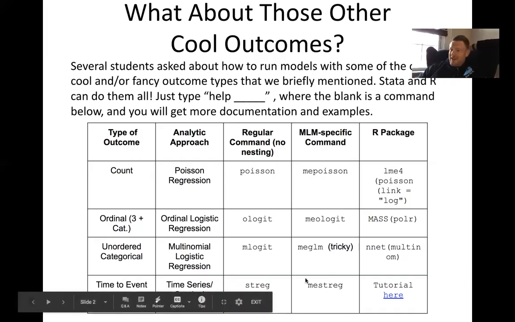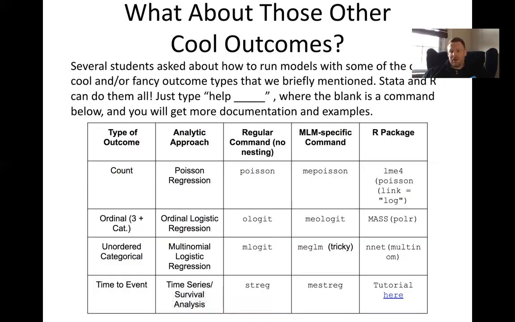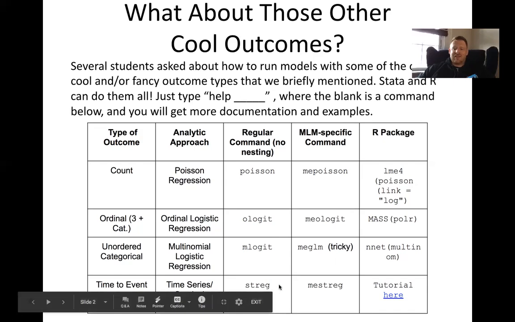And if you have time data, so time to event or survival analysis, sometimes this is useful. For example, in education, how long it takes someone to graduate, or stay in school. Survival analysis can be helpful. The command in Stata for that is streg. The multi-level equivalent is mestreg. And then there's a really nice tutorial.